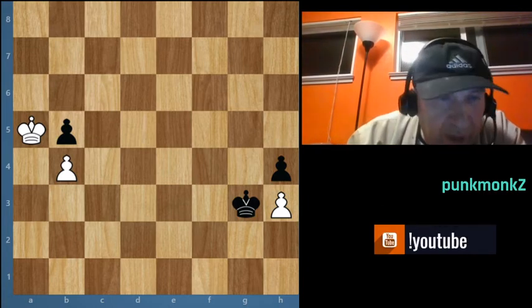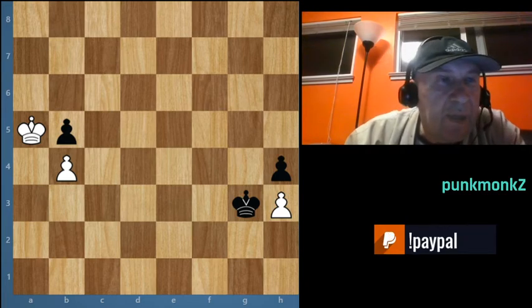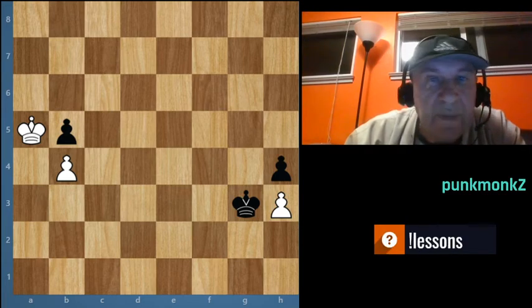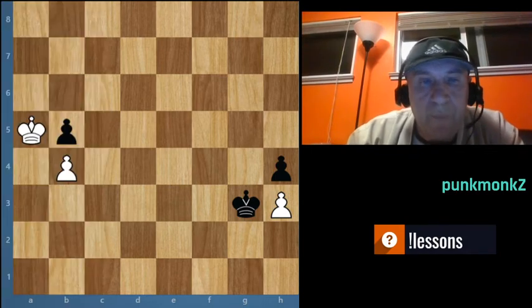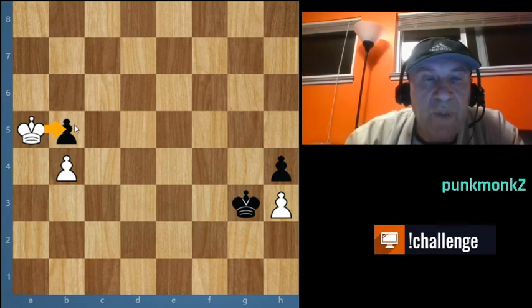All right, so Headbanger says white needs 6 moves and black needs 5. Let's take a look and see if that's true. So we're going to take the pawn. That's 1. Now we need to clear the way for the B pawn.